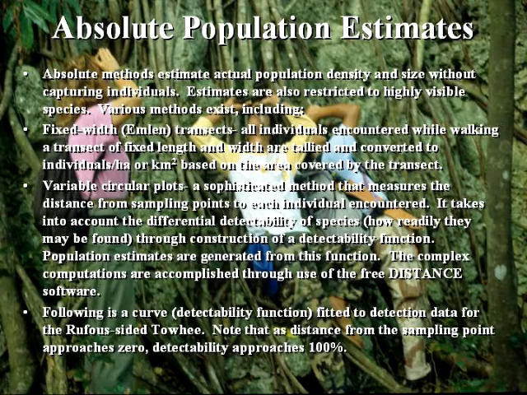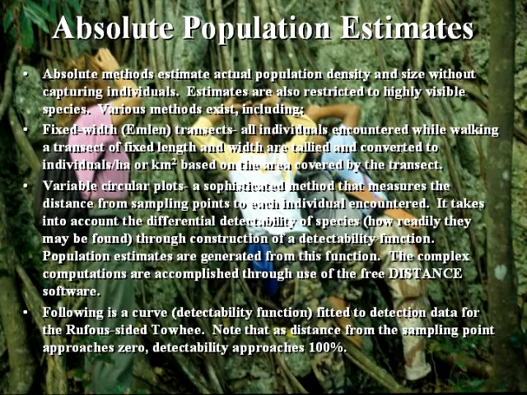Now, the technique that I've been discussing is the one called the variable circular plot. But there are other techniques that exist. In addition to the variable circular plot, there are fixed width survey transects that are used in certain kinds of situations for certain kinds of animals.